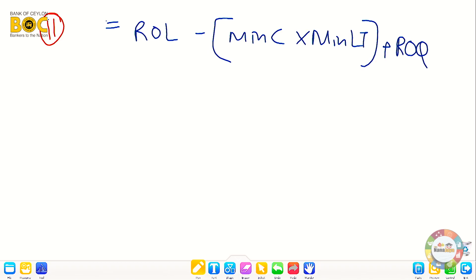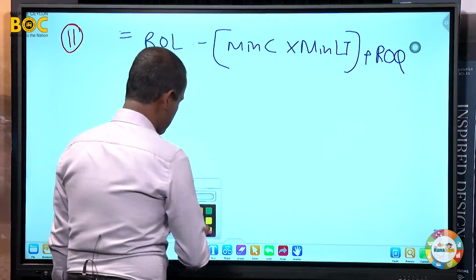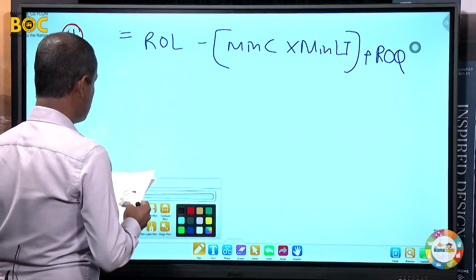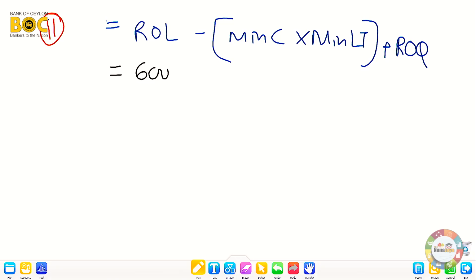The reorder level we already calculated: 6,000 units. The minimum consumption is 500 and the minimum lead time is 2.